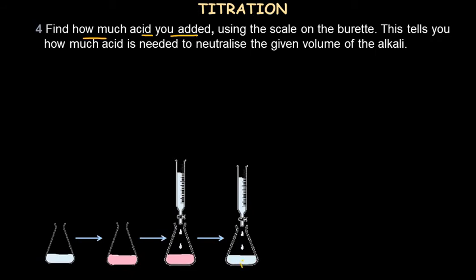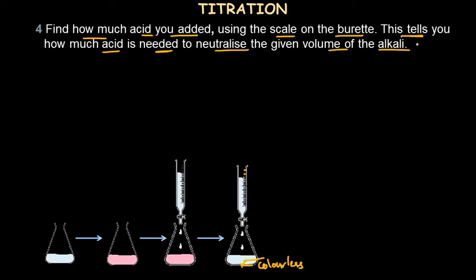Now find out how much acid was added to make the solution colorless. Using the scale on the burette, we can see there are marks on the burette, and we can note down the volume of the acid used. This volume will tell us how much acid is exactly needed to neutralize the given volume of alkali.